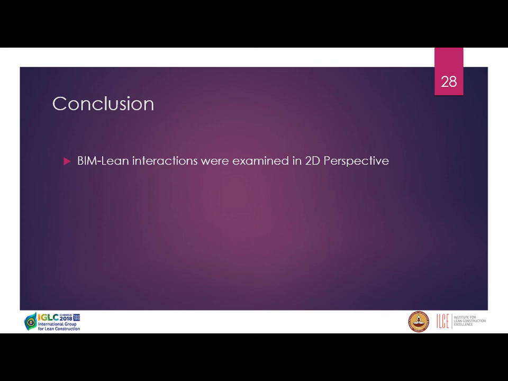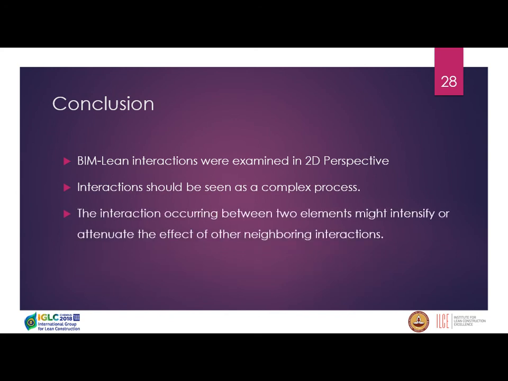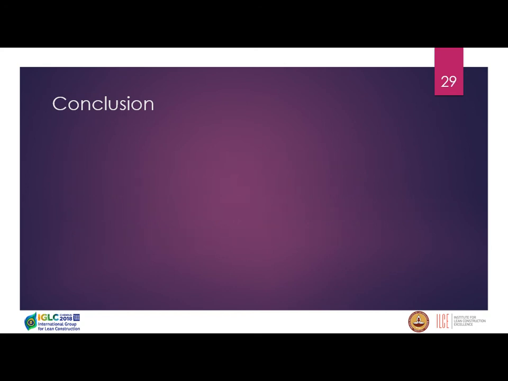Finally, we have studied the BIM lean interaction in a 2D perspective because this was the first step, the exploratory research. We suggest that since this process is way more complex, using system dynamics like causal loop diagrams and so on to better identify the interdependencies between BIM functionalities and lean principles.